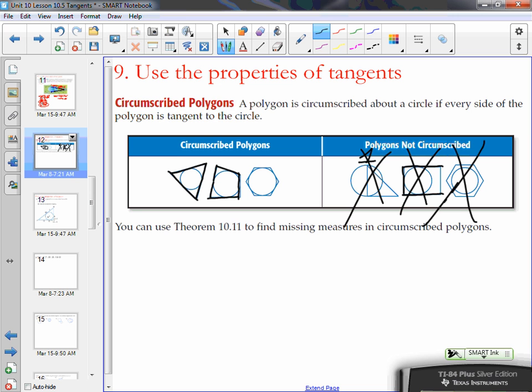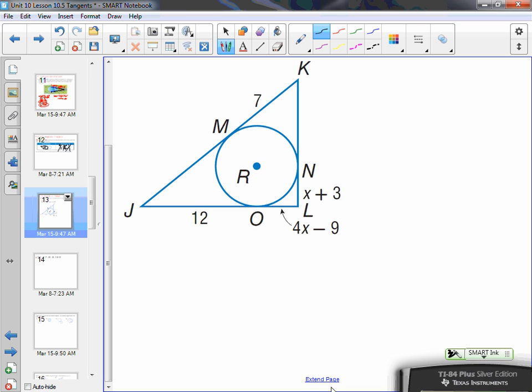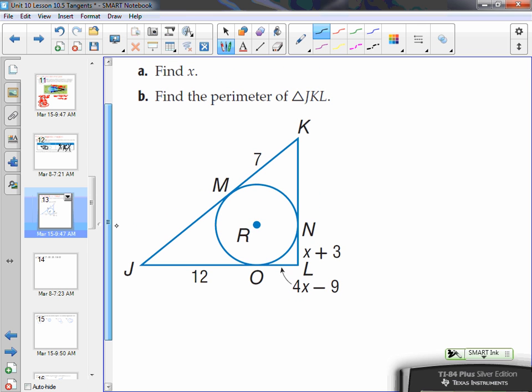Okay? Now, how's this useful? Well, actually, believe it or not, it's pretty useful. For number 8, triangle JKL is circumscribed about circle R. Find X, then find the perimeter of the triangle. Okay. Now, there's something real neat here.